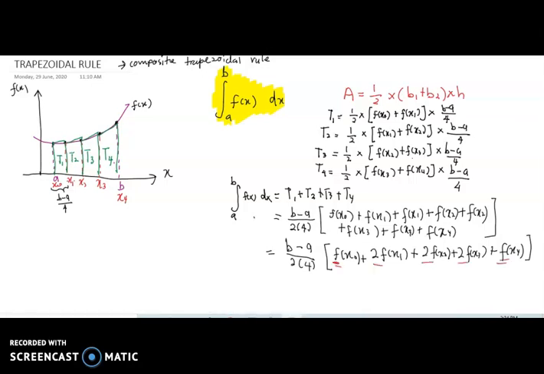As you can see from this formula, the coefficient of the first term is 1, the coefficients of the second, third, and fourth terms are 2, and the coefficient of the last term is 1. Now say you want to find the integral of a function from a to b, and you want to divide it into n equal parts.